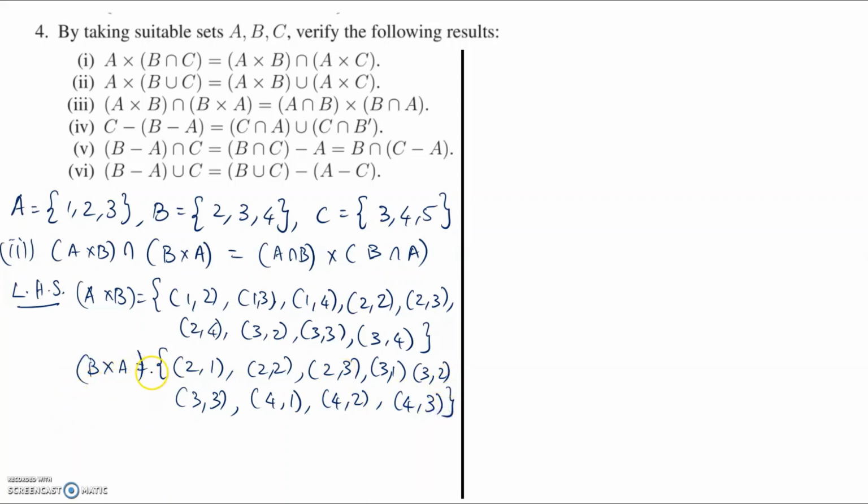Therefore, A Cartesian with B intersection with B Cartesian with A will be equal to all the common terms in both.